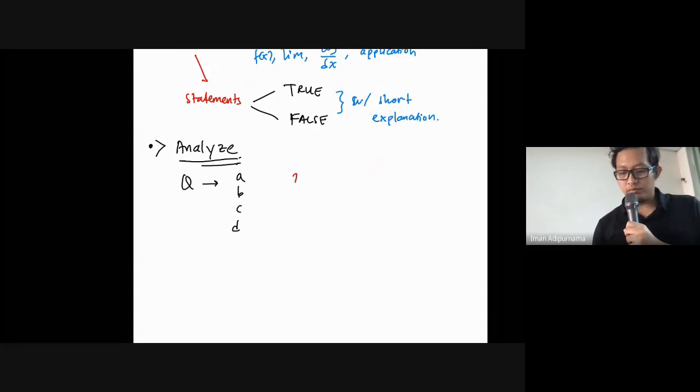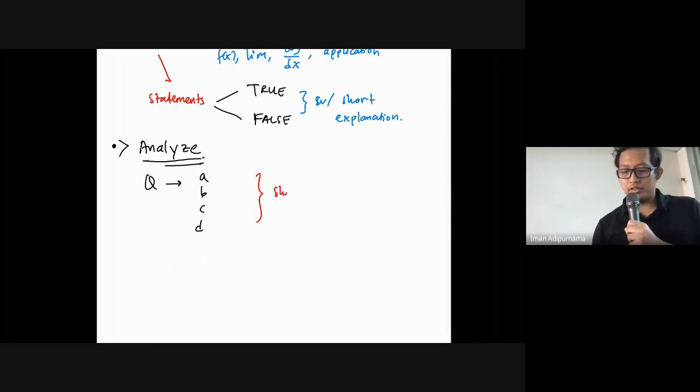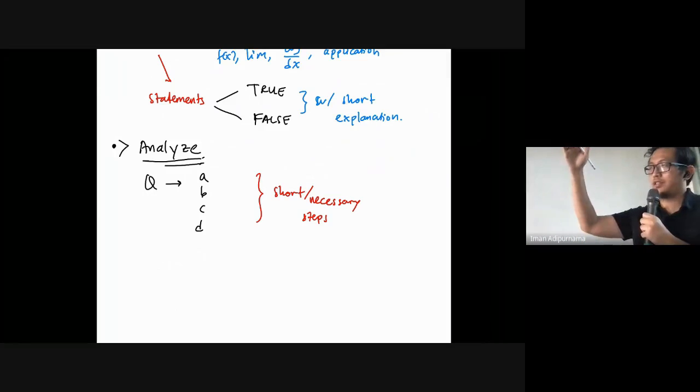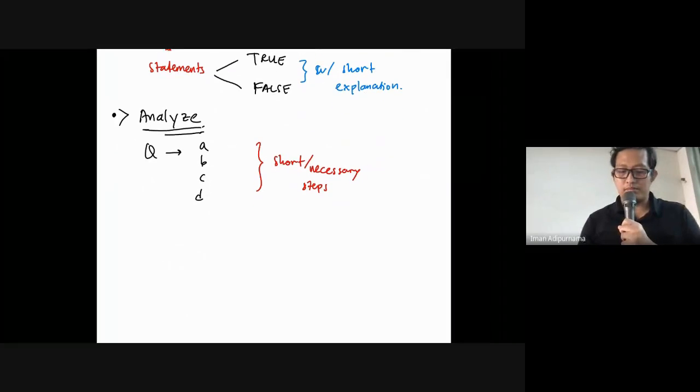And also you need to provide short or necessary steps. Usually when you derive some functions, you take long steps, right? But you can just take essential steps to show. You don't really need to write all of it. Just take necessary steps and choose one answer.